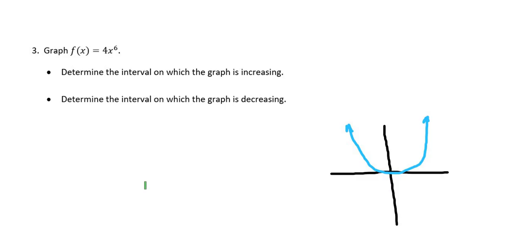Now, when I read a graph, I read my graph from left to right. So as I start over as far to the left as I can, and I have my cursor on my graph, and I follow along just like it's an ant following along here. It's going downhill. This is decreasing in this part of the graph.